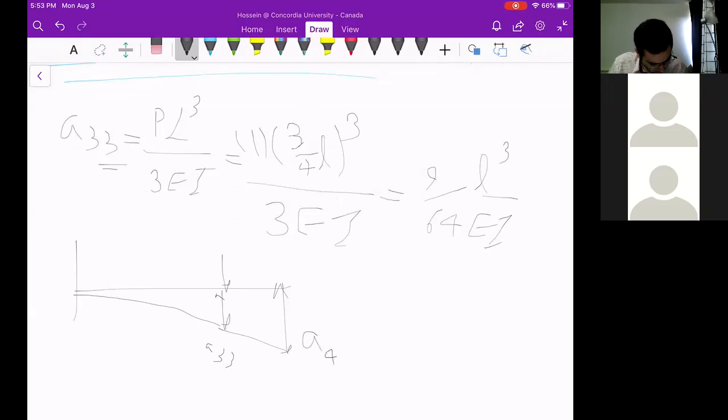Sorry, A43, the displacement at 4 due to unit force at 1. So this again is going to be A33 plus this length.